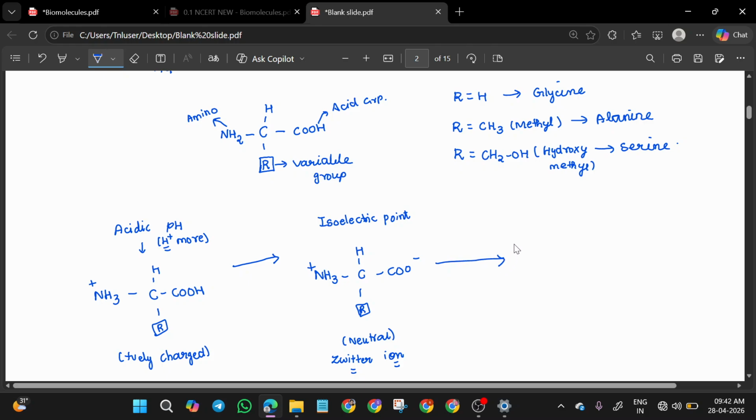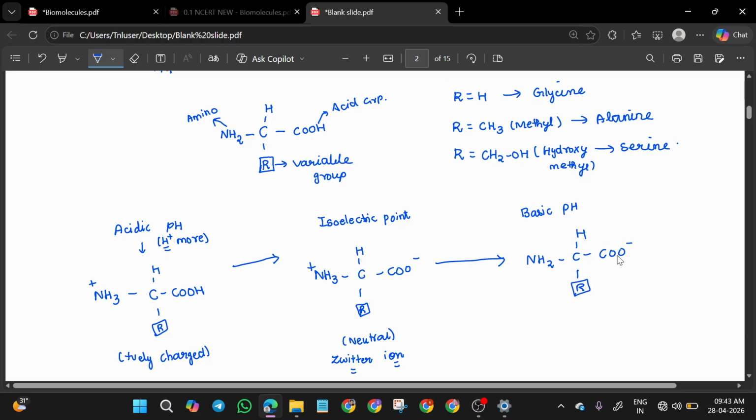Next, if you keep on increasing the pH, that is, place it in alkaline or basic pH, OH minus ions will be more. That we already know. Now it is going to remove those things. So NH2 it will become, and CH it will become COO minus and R. This is the same only.